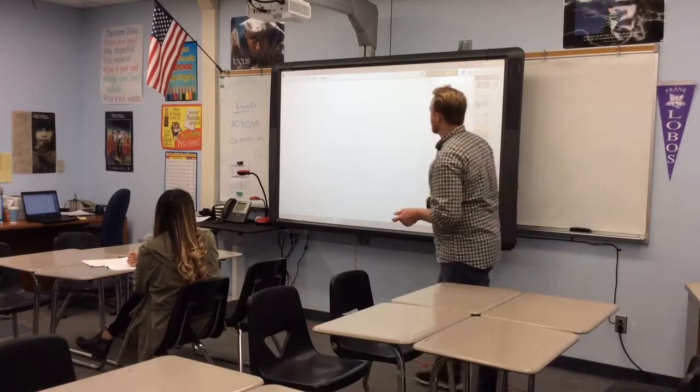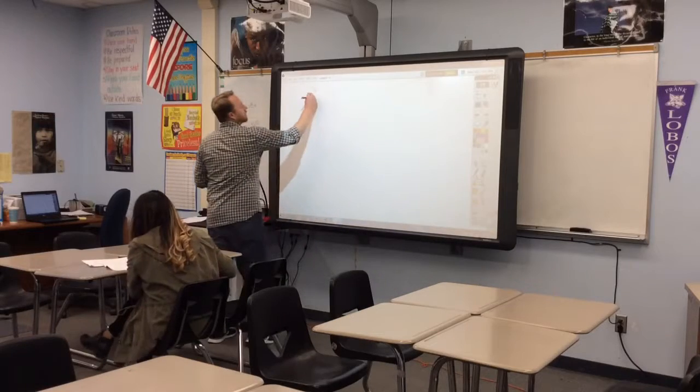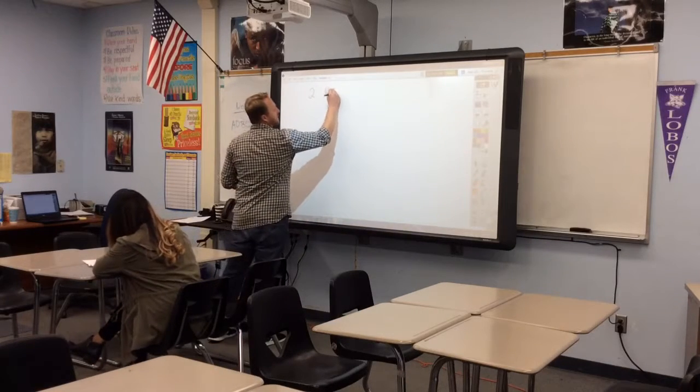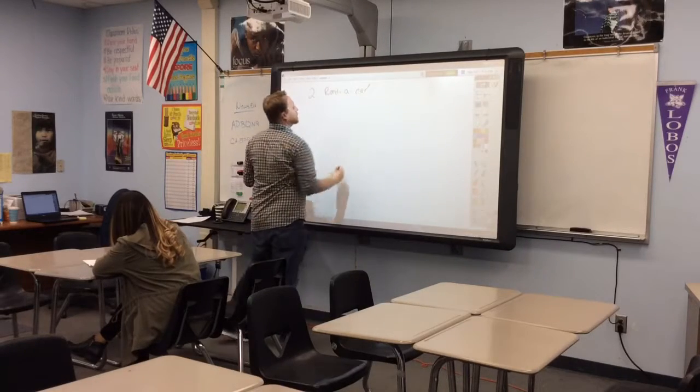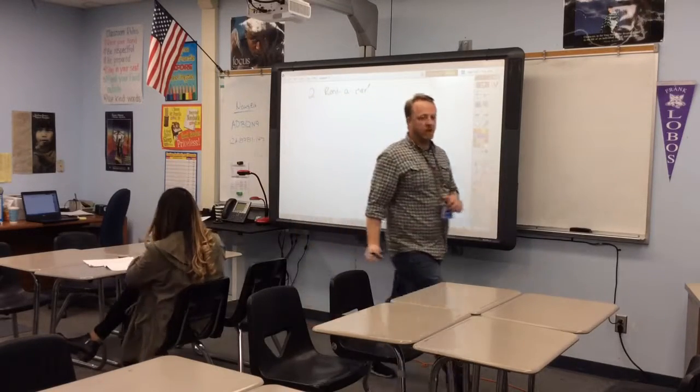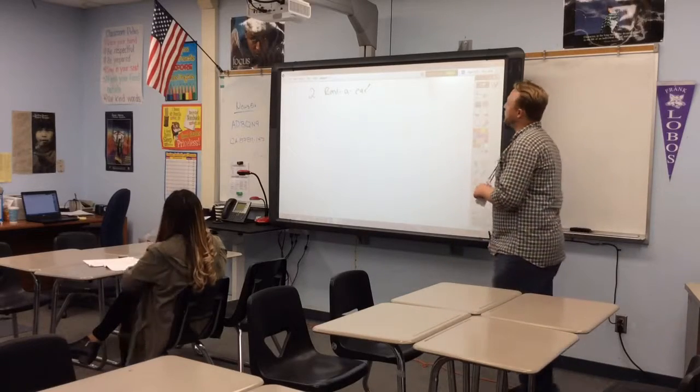Next thing we need to do is we're going to rent a car. Number 2, rent. So I want you all to get out your iPads, go into the Google search bar, and look for renting a car.